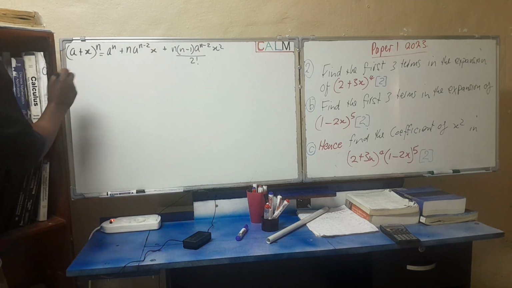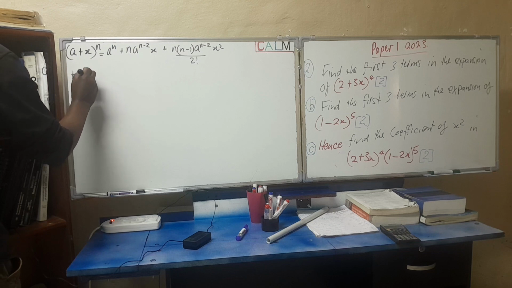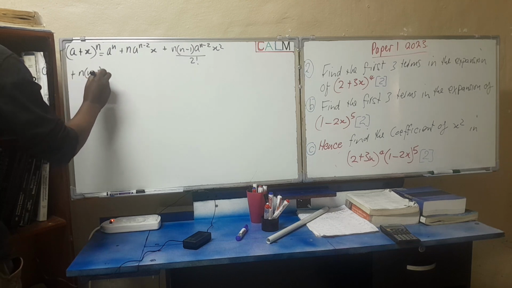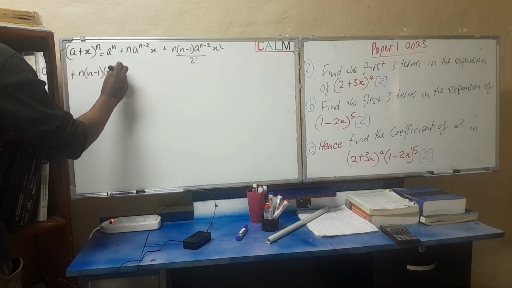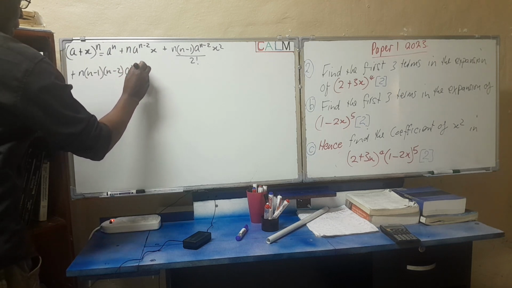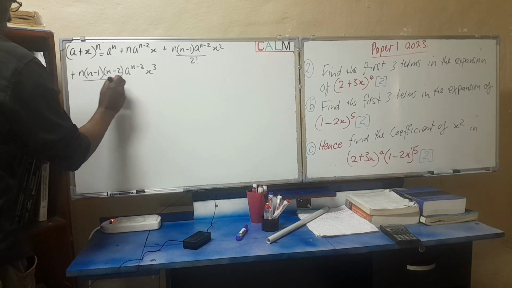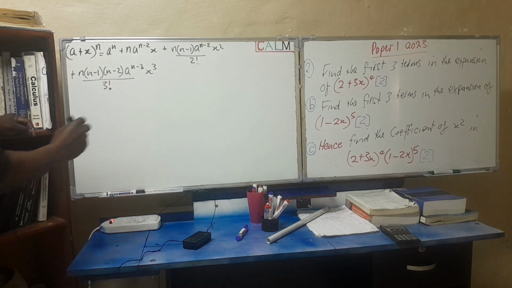I'm running out of board, so I'm coming over here now. Plus n(n−1)(n−2) a^(n−3) x³, all over 3 factorial.